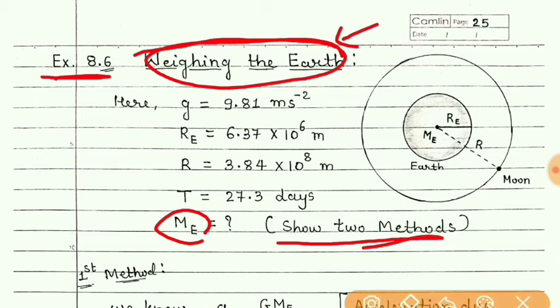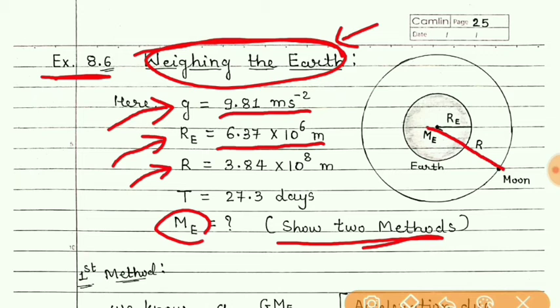Students, here it is given that the acceleration due to gravity g is equal to 9.81 meter per second square, radius of the earth 6.37 into 10 raised to 6 meter, r, that is the distance of the moon from the center of the earth, which is 3.84 into 10 raised to 8 meter, and time period of revolution of the moon around the earth 27.3 days.